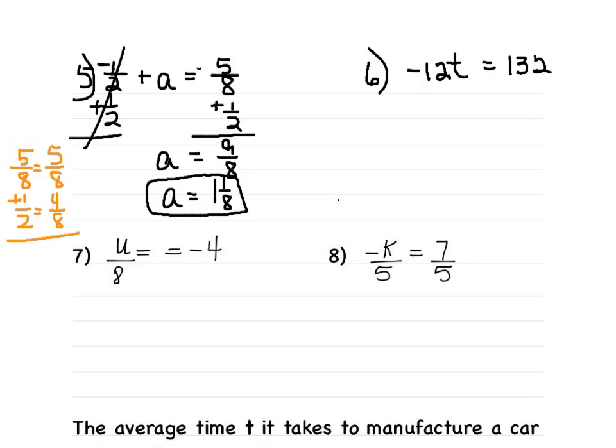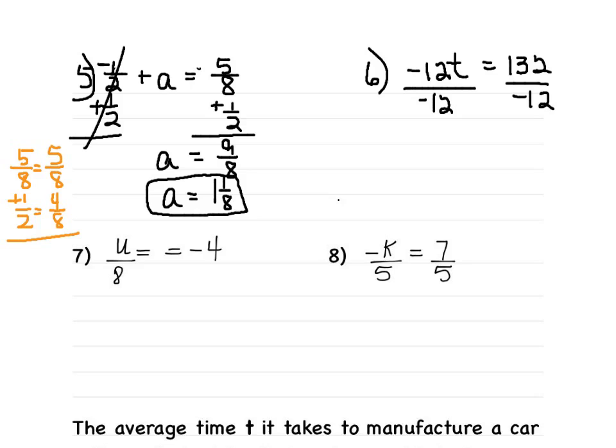Well, how do I undo the operation of multiplication? What is the inverse of multiplication? And that is division. So because it's being multiplied by negative 12, I need to divide it by negative 12. And whatever I do to one side, I have to do to the other.